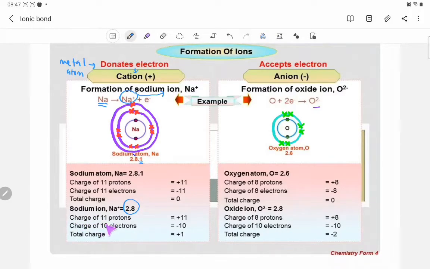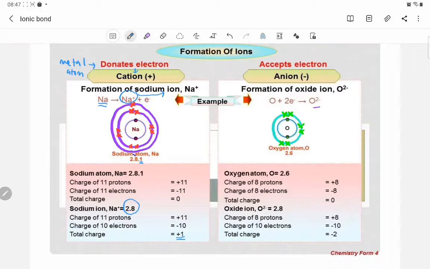The charge of 11 protons equals positive 11, so it still remains the same. The charge of 10 electrons equals negative 10. So the total charge that we get for sodium ion is positive 1. So that's why the sodium ion has a charge value of positive 1.